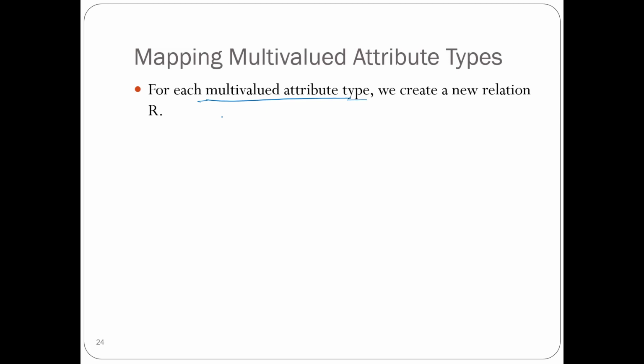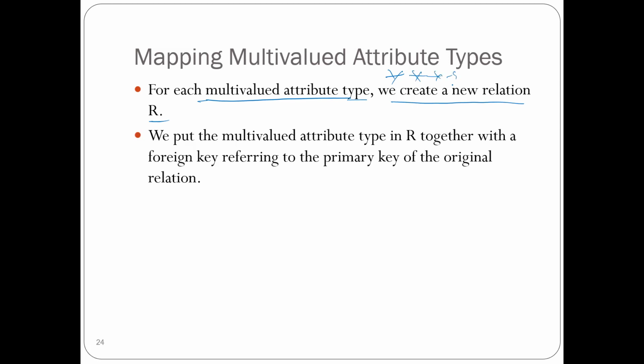So the solution here is that we'll have to create a new relation R for multi-valued attribute. Okay. Now what we do next after creating this new relation R for these multi-valued attribute type, we put the multi-valued attribute type in R together with a foreign key referring to the primary key of the original relation.